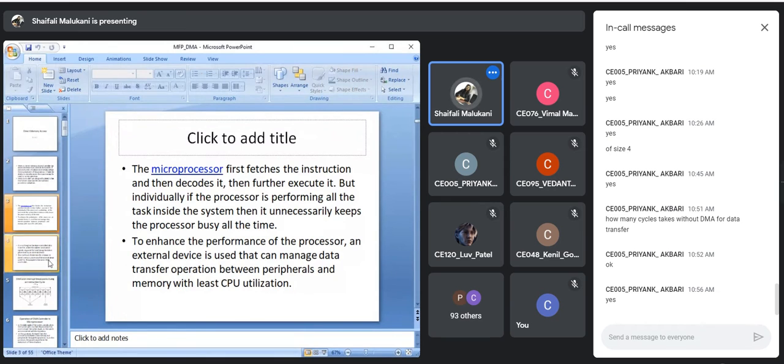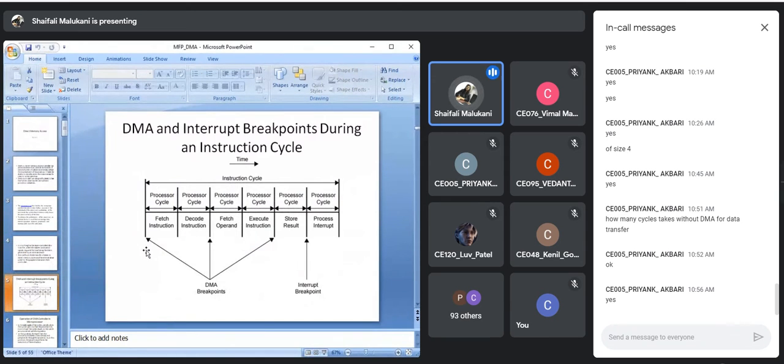Now, what we have observed so far in DMA is that once DMA receives a request from IO, it sends a hold signal. Hold is like an interrupt kind of thing, please hold. So what my 8086, or microprocessor, or microcontroller, whatever it is, has to do is check whether it has received hold, whether anyone has asked it to hold.